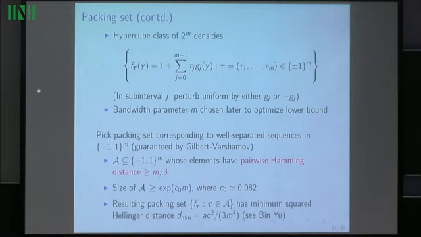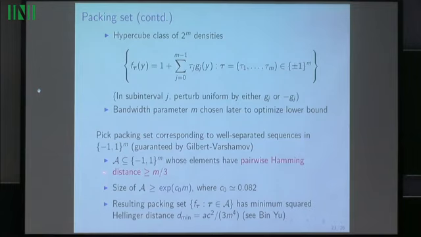So the way we choose our packing set is from the hypercube class of densities. We first say that I want sequences of length m which have pairwise Hamming distance at least m over 3, and this is guaranteed by the Gilbert-Varshamov bound. There are 2 to the m sequences in {minus 1, 1} to the m, and the Gilbert-Varshamov bound tells you that there's a subset of exponentially many sequences which are mutually separated by at least m over 3.